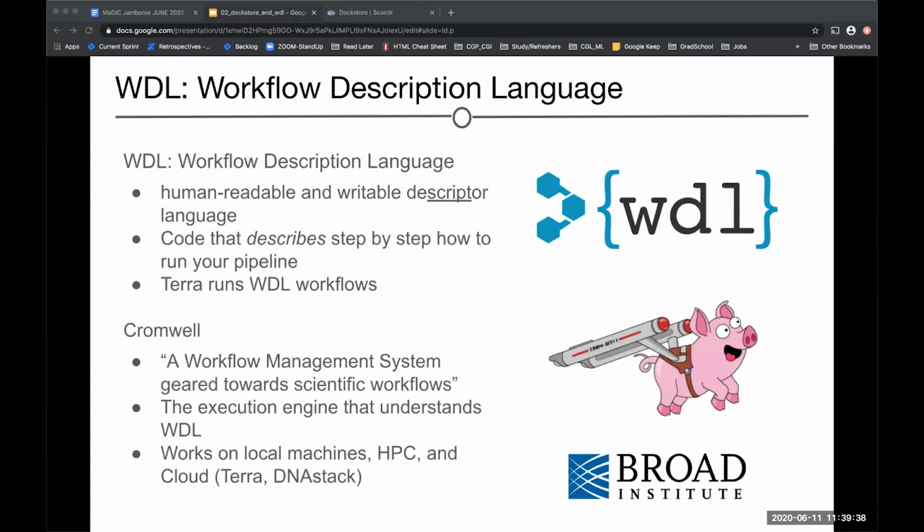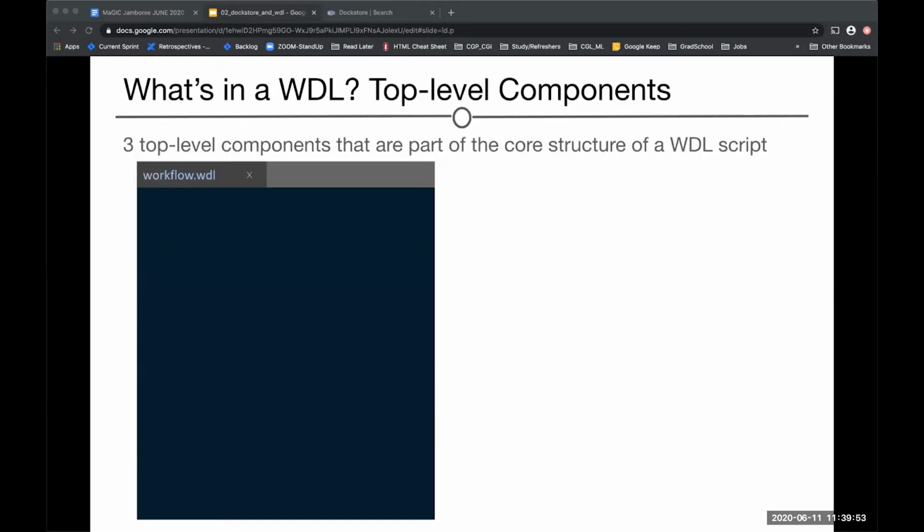Both WDL and Cromwell were initially developed at the Broad Institute for genomics work, but since then, both of these have spun off into open source projects with contributors from both the Broad Institute and also the wider research community. So what's exactly in a WDL? Let's start with the basics. Here I'll give you an overview of the 3 top-level components that make up the core structure of a WDL script.